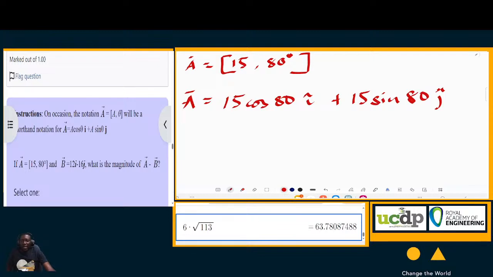So we have A expressed already in terms of the I and J components, and we have B given as 12I minus 16J. The question requires us to find the magnitude of A minus B. So where do we go from here?